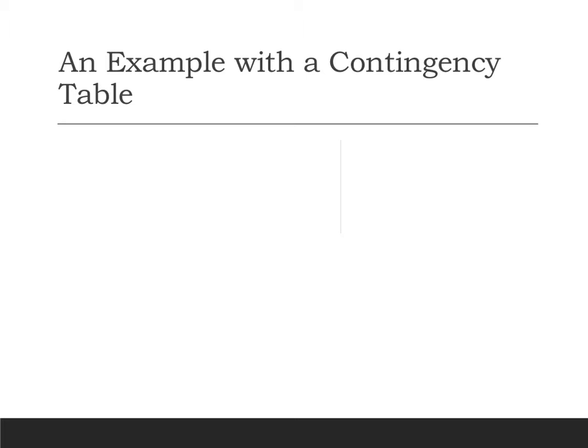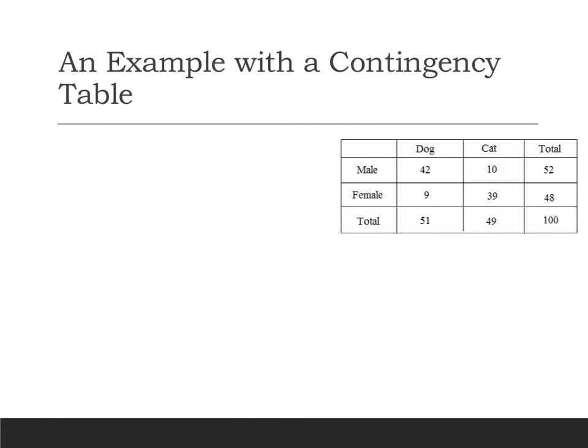All right, so as far as a contingency table, there's two things I want to point out. First of all, this is just the simpler contingency table with just owning a dog, owning a cat for males and females. But if we wanted to know the probability in this case, and we have a contingency table, what's the probability that someone is female and owns a dog?